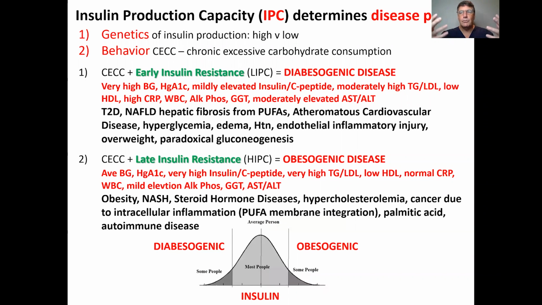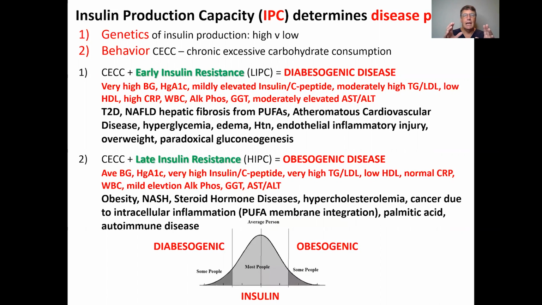So, as we said before, the human body is just a beautiful thing. And in response to chronic excessive carbohydrate consumption, based upon your human genetics, the body responds in slightly different ways. It's got to defend itself under conditions of chronic excessive carbohydrate consumption.